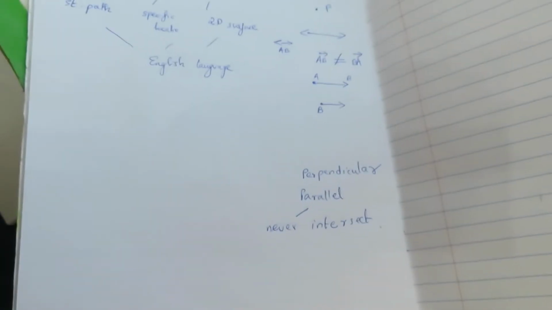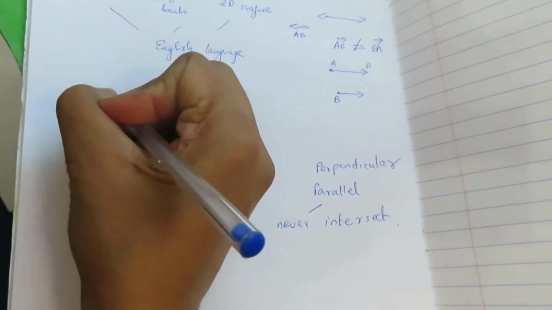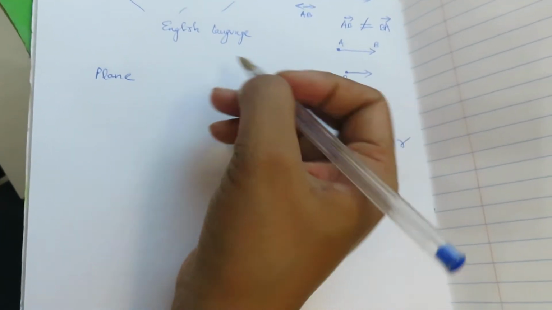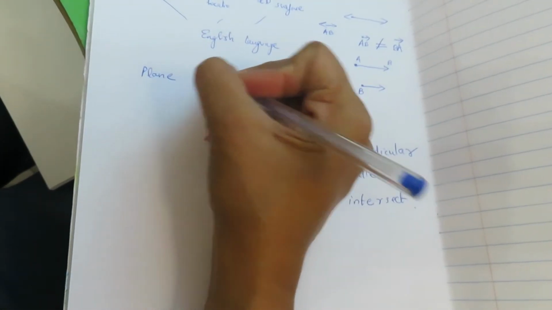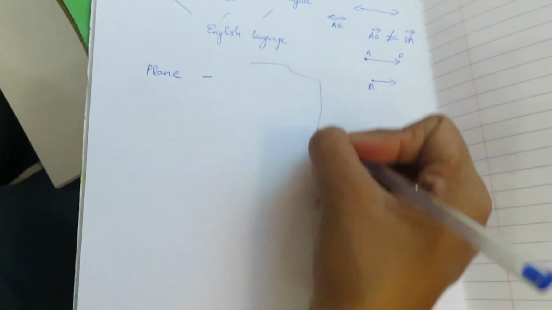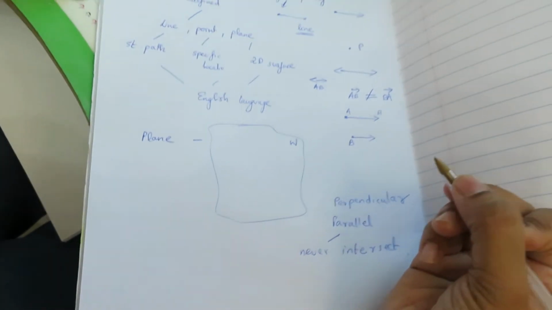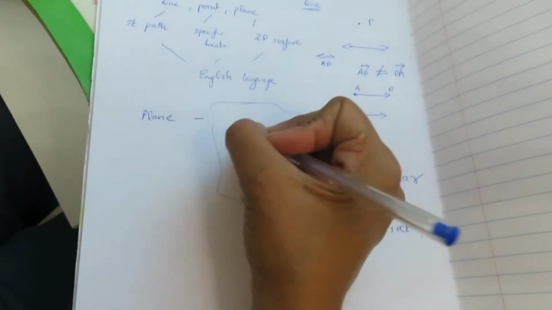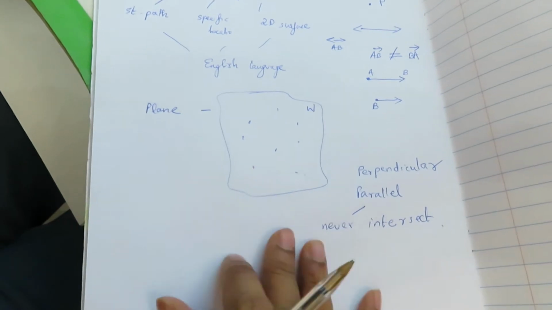You need to know this word while you learn geometry. They never intersect. What else do you need to know? You know that a plane is a flat surface. It goes on endlessly in all directions. You don't have any boundaries for the plane. A plane can be named, if this is a plane and you have a capital W at the corner, as plane W. Or if you have several points on it, a plane consists of an infinite number of points.